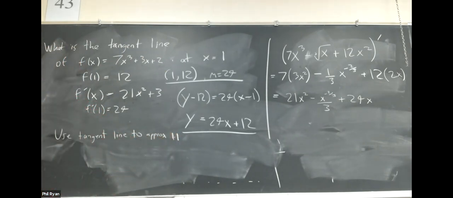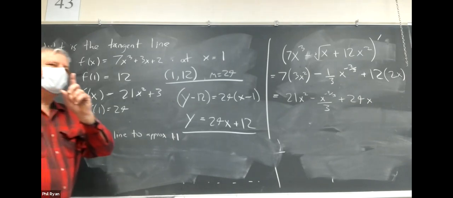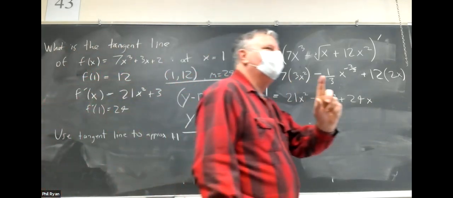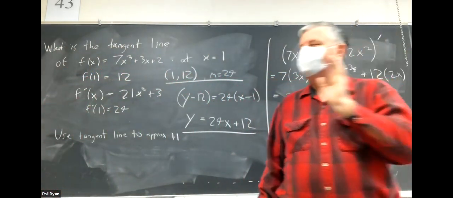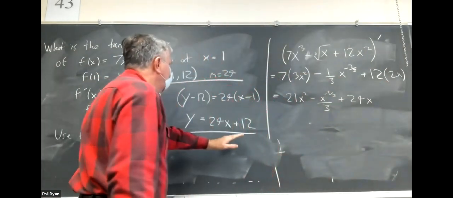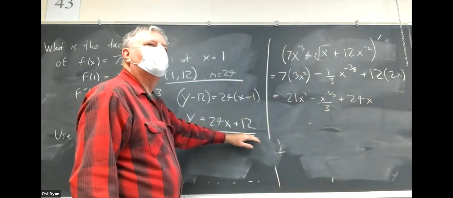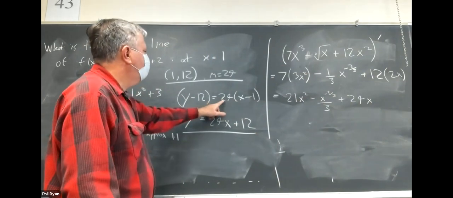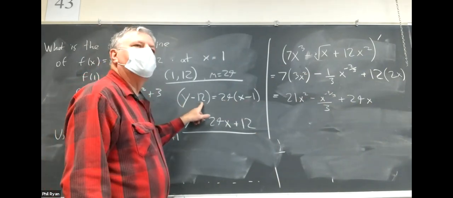Why would it be 12? Would it be different? That's the y-intercept of the tangent line. It's just whatever it is because it comes from this and from that.